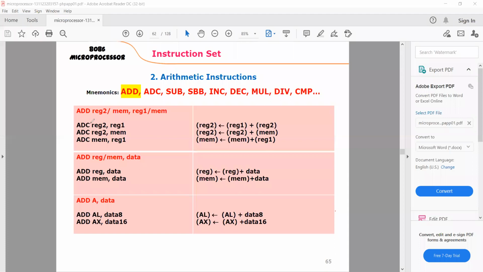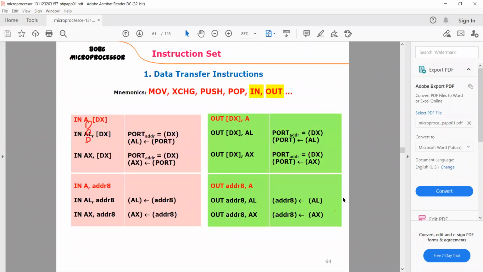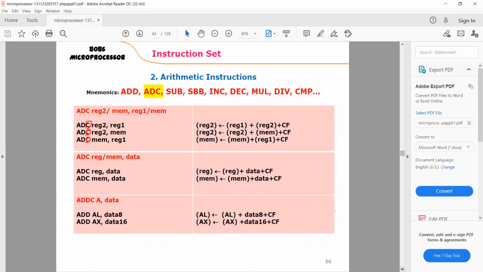I think this is ADD, not ADC. The next category will be ADC now.